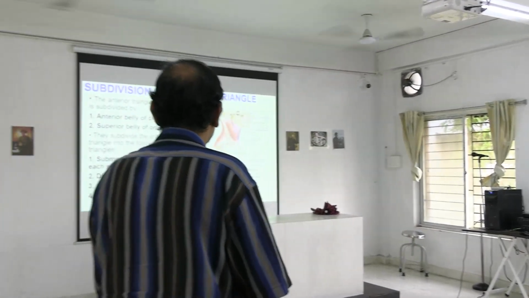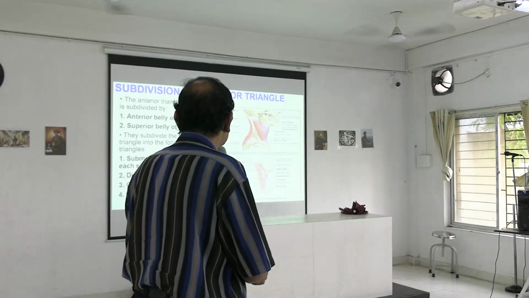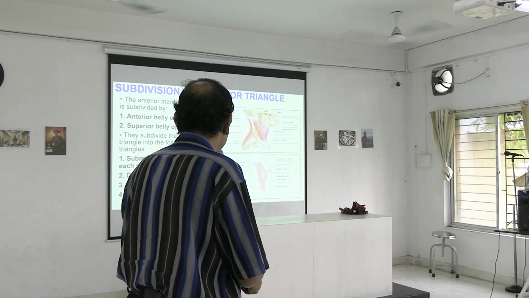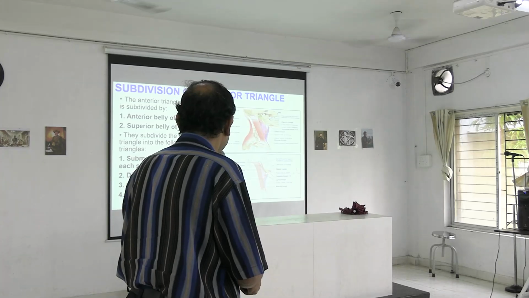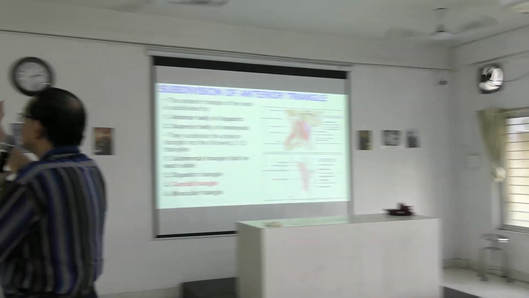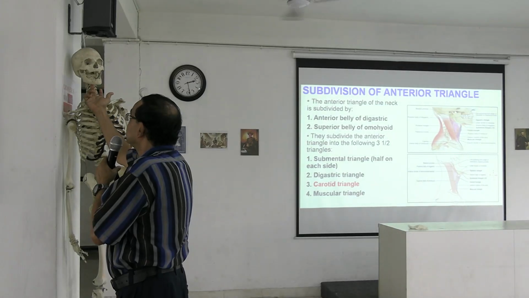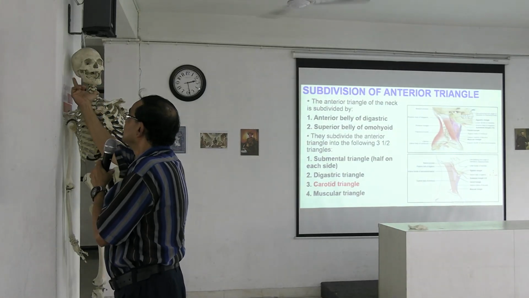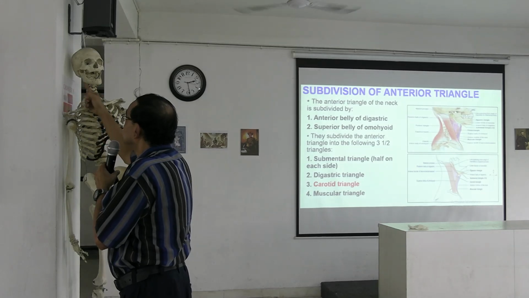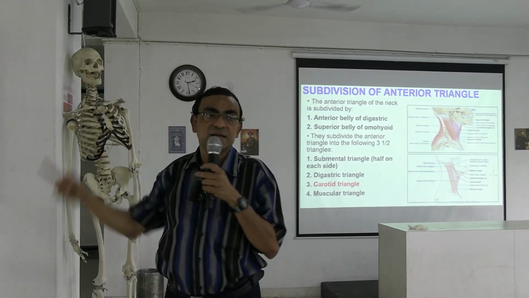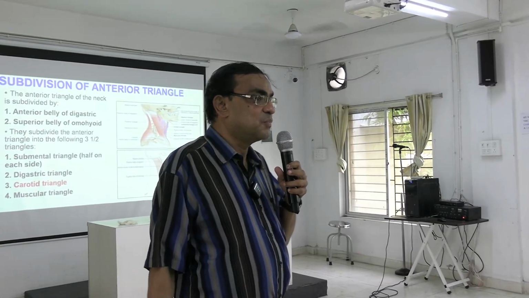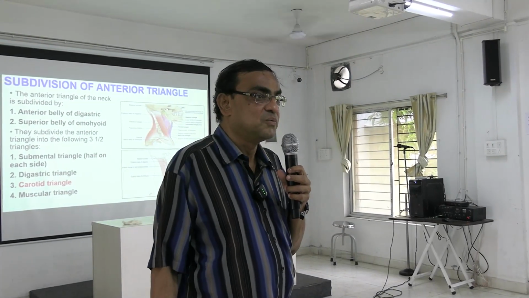Another muscle we can see originates from the digastric fossa of the mandible. From the digastric fossa, this muscle forms a loop-like structure, and ultimately it is connected to the mastoid process of the temporal bone.